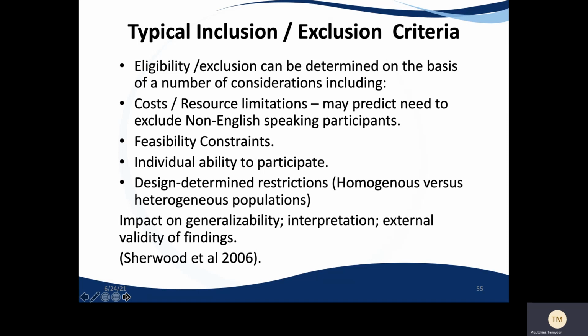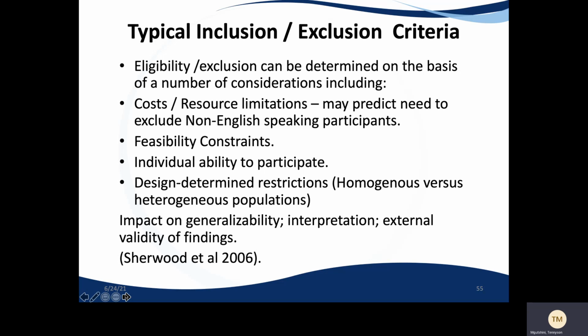But nonetheless, inclusion and exclusion criteria allow you to identify those things that you will look out for and take note of, so you can make decisions that particular types of potential subjects can be included. It also allows you to identify those things that make particular subjects more likely to be excluded. So things like being a non-English speaker, in some cases, people who are unable to attend interview venues are excluded.